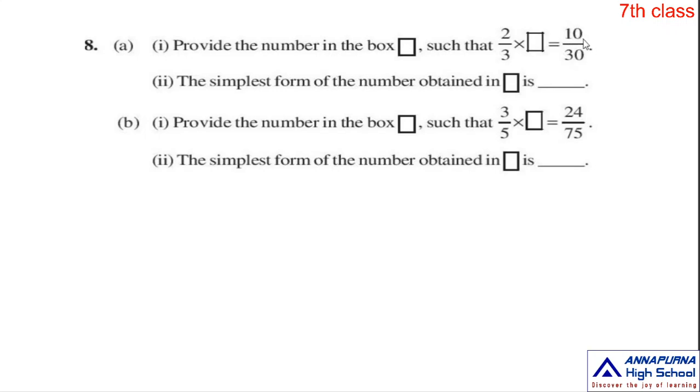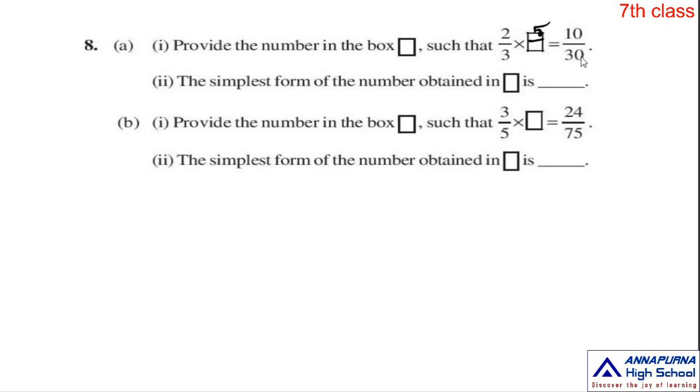So to get 10, which number is to be multiplied by this number 2? 2 into dash is equal to 10 means which number is to be multiplied? 2 ones are 2, 2 twos are 4, 2 threes are 6, 2 fours are 8, 2 fives are 10.